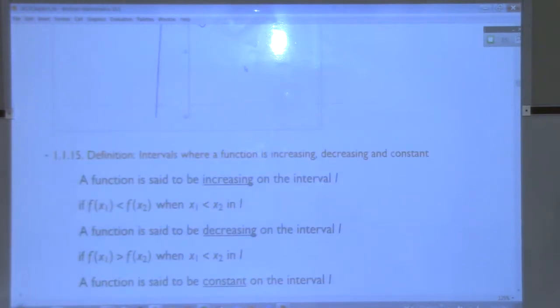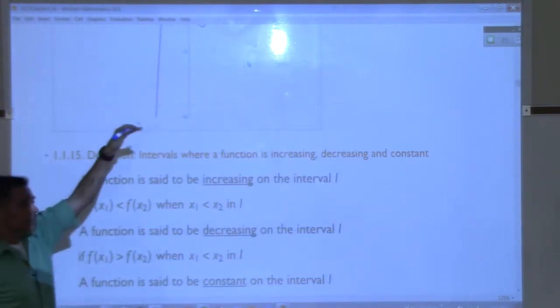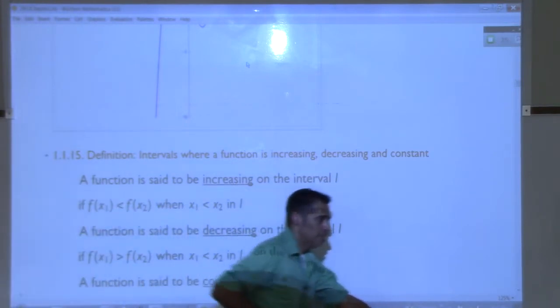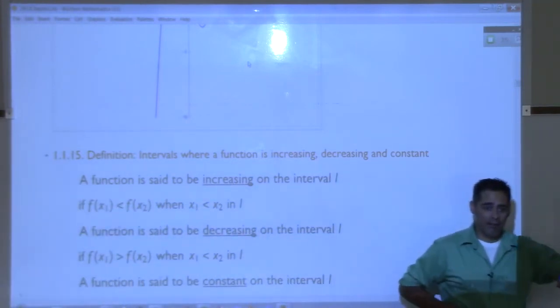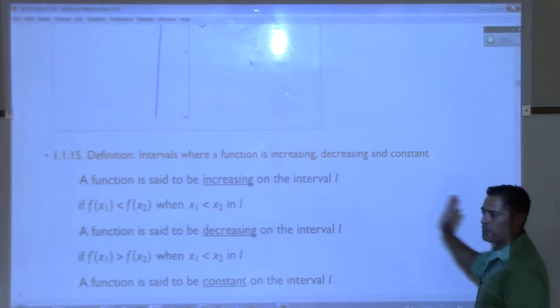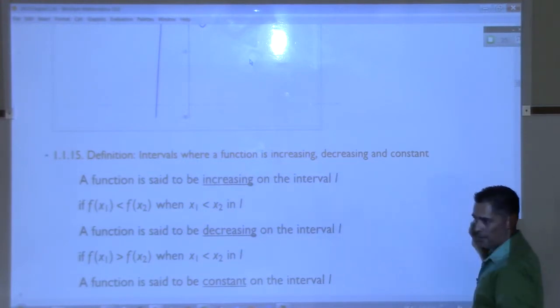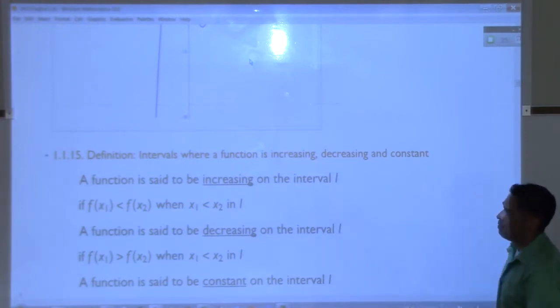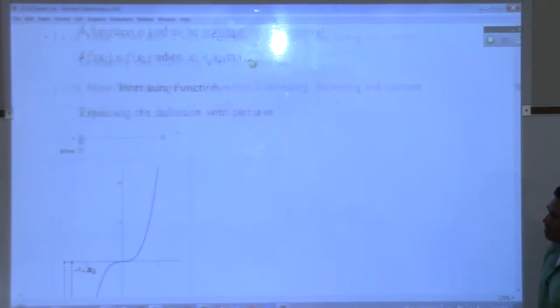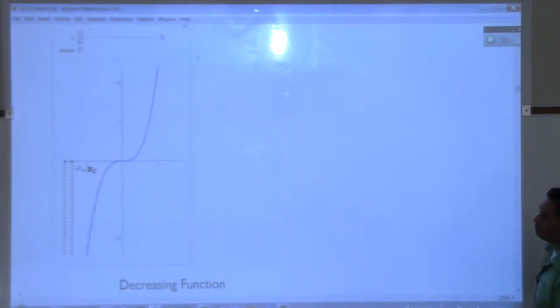Now, how about where a function is increasing versus decreasing? So now we're talking about up and down as you read a book from left to right. It's always read a book from left to right, okay, when we talk about this. So when we're talking about a function being increasing, we look at this one here. This would be an increasing function, right? As I move to the right, the property is this.